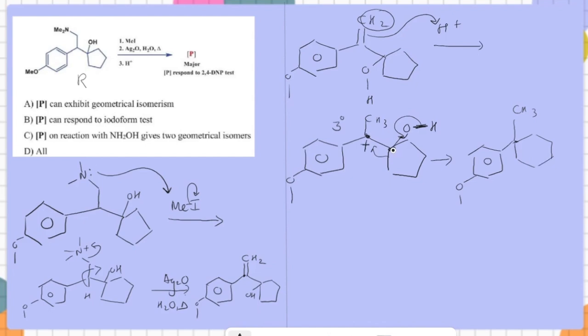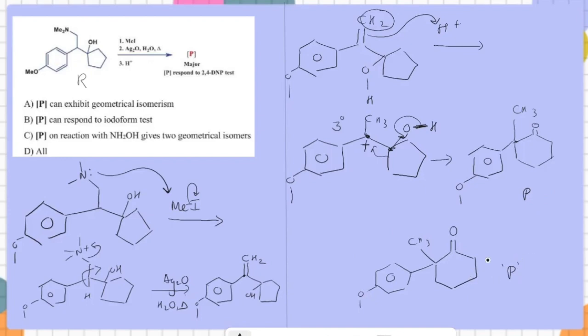The adjacent carbon to that will be the carbonyl, like this, right? So this is our final product P. So let's write down our final product once again. Look at this, right? Cyclohexanone, and then this is a methyl. What about here? It is attached to a benzene, which is in turn attached to methoxy. This is our product P.